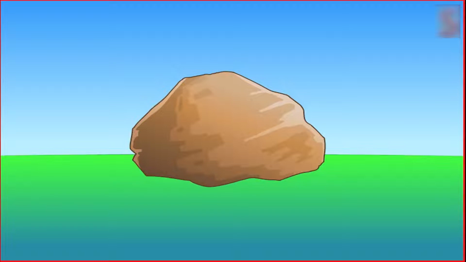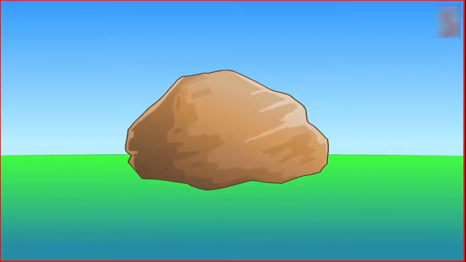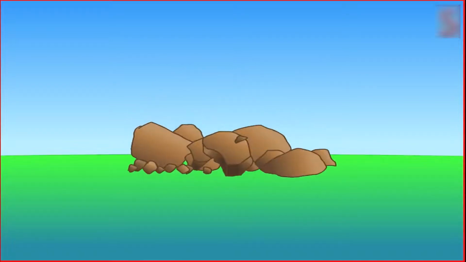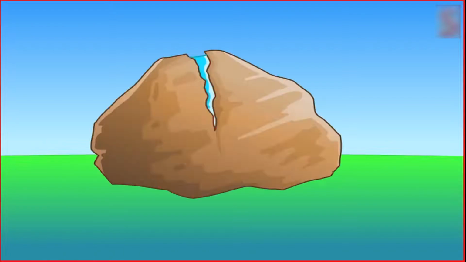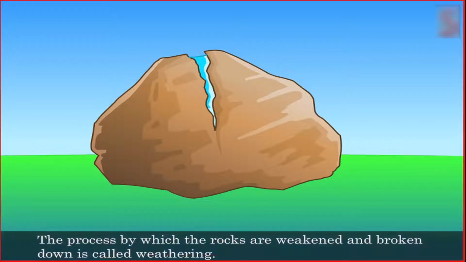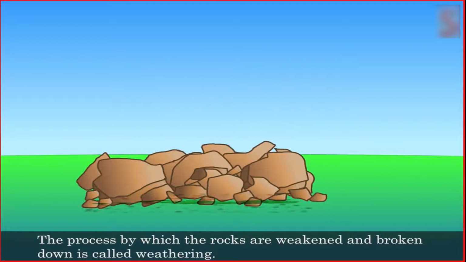As the rocks expand and contract, the rocks tend to become brittle and hence begin to crack. The water and the moisture in the air facilitate this process further. The water undergoes a reaction with the chemicals in the rocks and weakens the rocks. The process by which the rocks are weakened and broken down is called weathering.